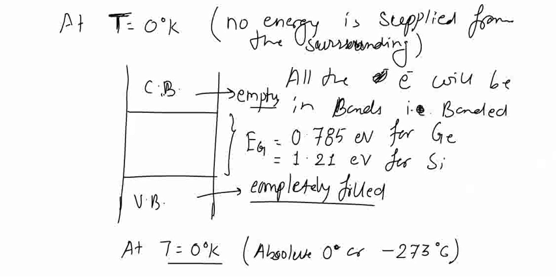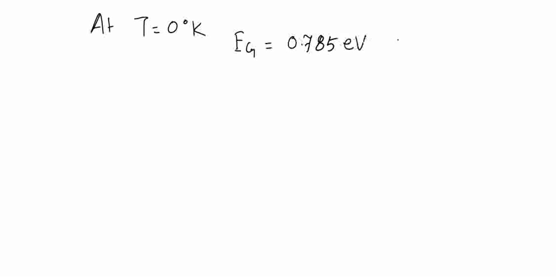So at T equal to 0 degrees Kelvin, if we want to break any bond in case of semiconductors, we will have to apply an energy equal to Eg, 0.785 electron volts in case of germanium and 1.21 electron volts in case of silicon. If this much energy is applied, we can easily break a covalent bond in the semiconductor material.